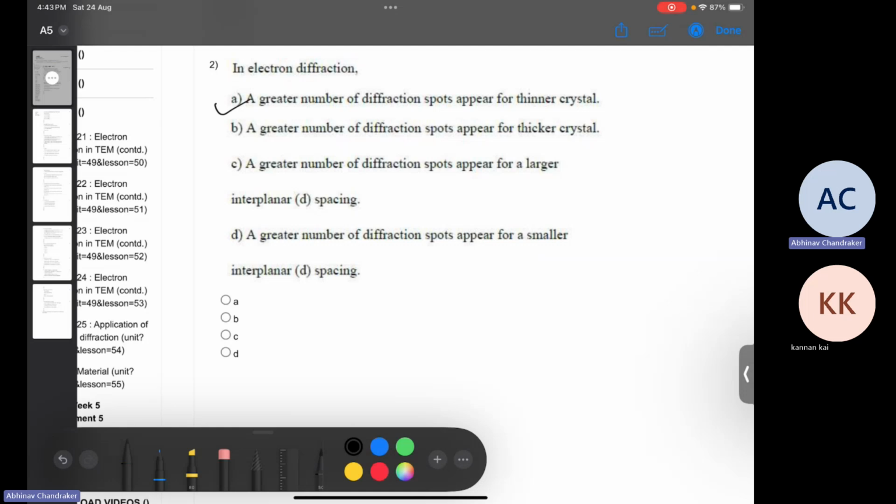As the crystal becomes thinner, these rods will increase in length, and as a result, a larger number of lattice planes will cause diffraction, and you will have a higher number of diffraction spots in the diffraction pattern. So the correct answer is A.